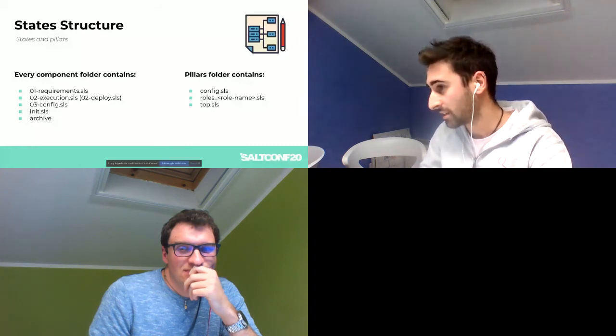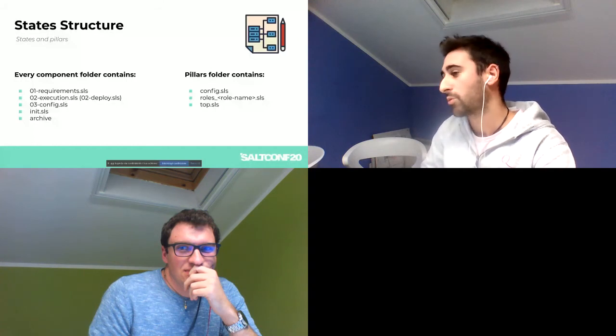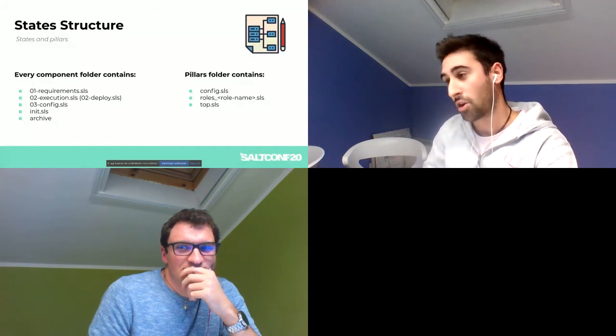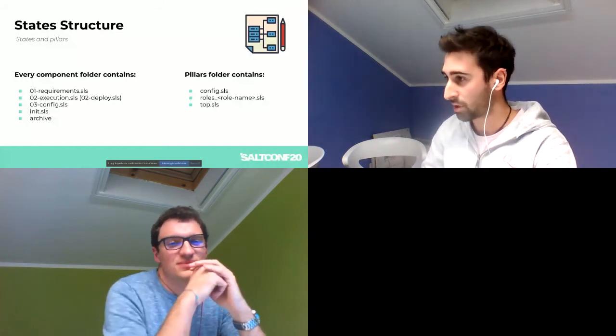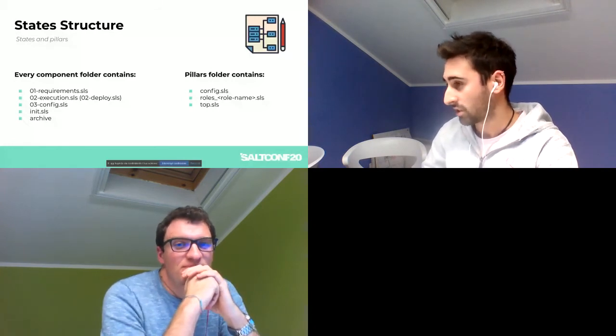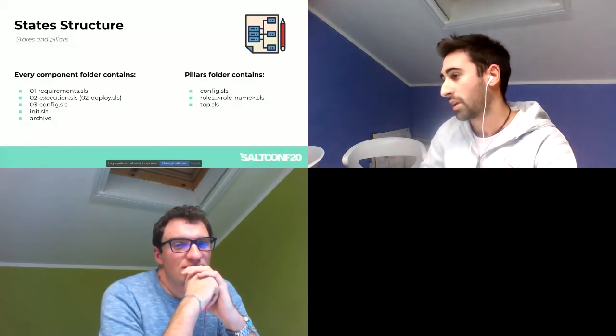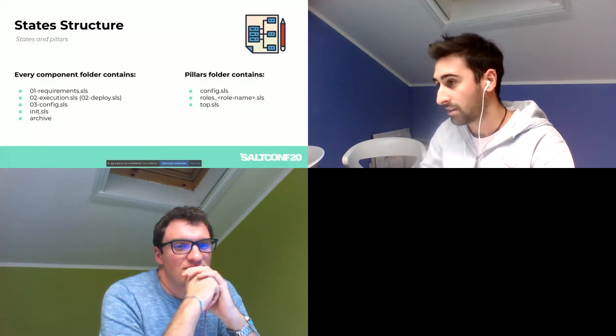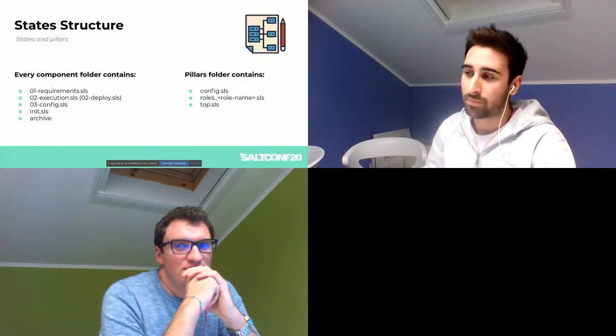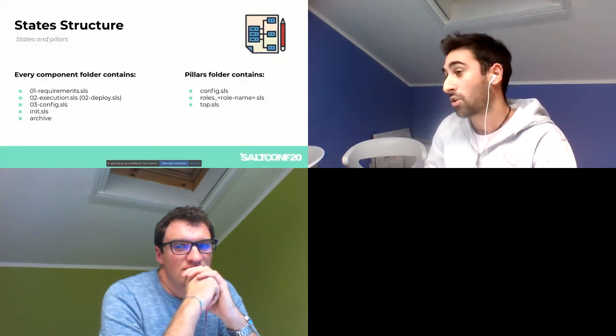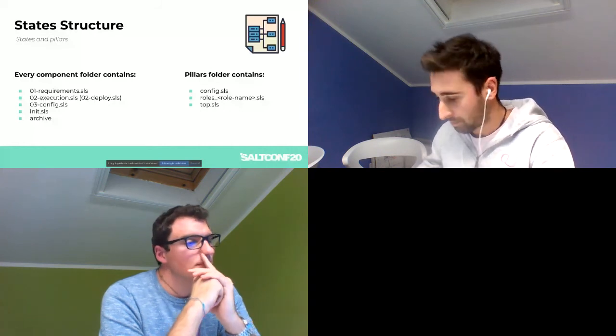On the pillar side, we have the config file where we store every parameter common for all the components in the project. Then for each role, we have the role_role name file. And finally, we have the top file where we assign config to every minion and the roles to each minion.